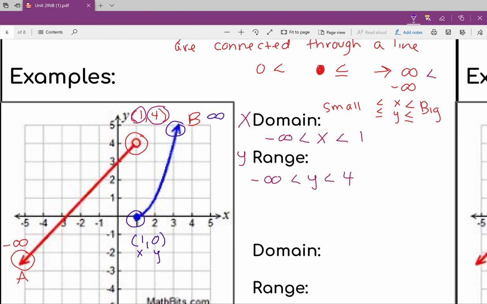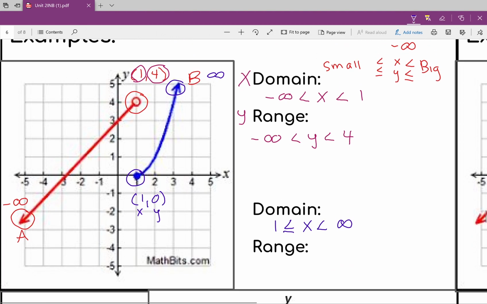Is my smallest number on the x's going to be 1 or infinity? It's going to be 1. So I write 1, and since it's a closed dot, that's less than or equal to x, because x is the domain, less than infinity, because it has that arrow, and we know when we have the arrow, we use less than.